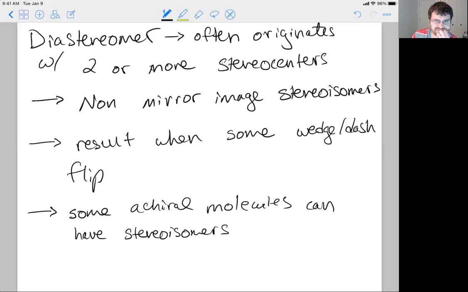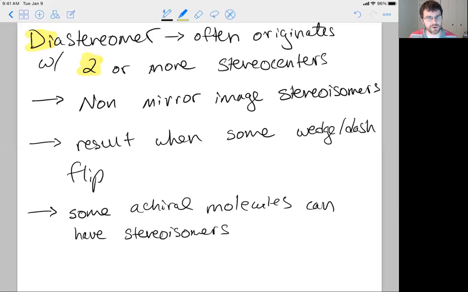Additionally, as I said at the start, "di" kind of implies two, so this typically originates when we have two stereocenters or more in a molecule.